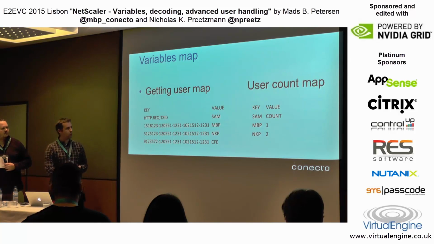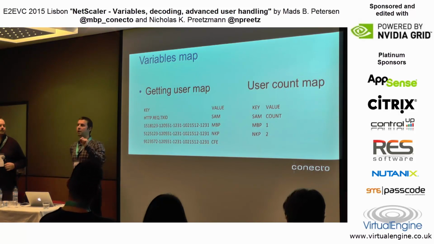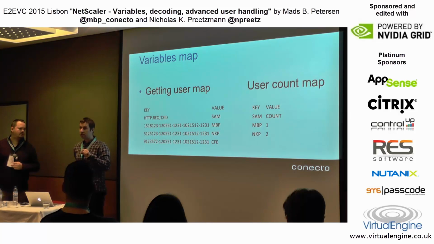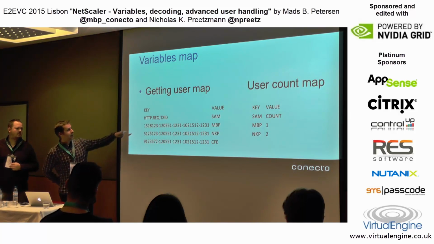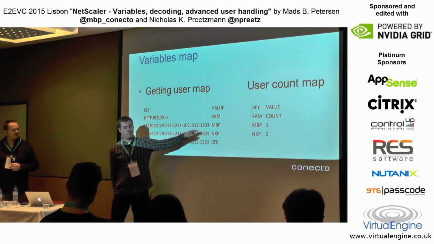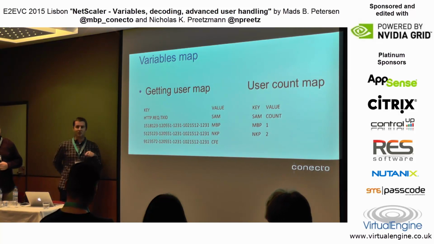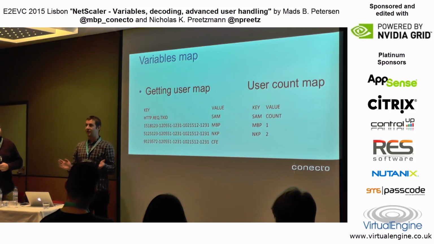So what we had to do was create our variable maps where we extract a username from the SOAP request, map that username to an HTTP request transaction ID. This is the first map. Now, deep down in the bowels of the eDocs, we found a certain little feature which actually saved our asses in this project.